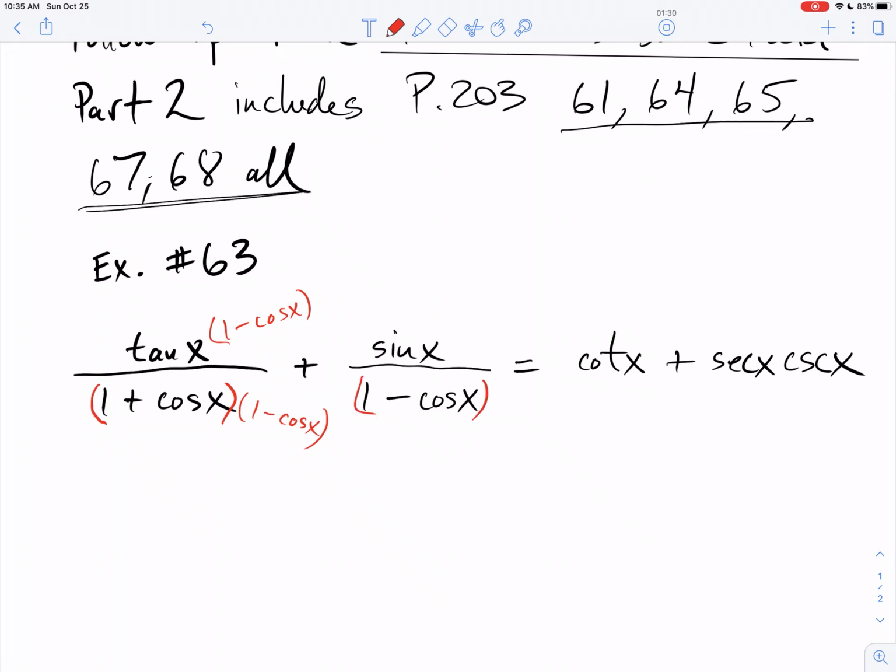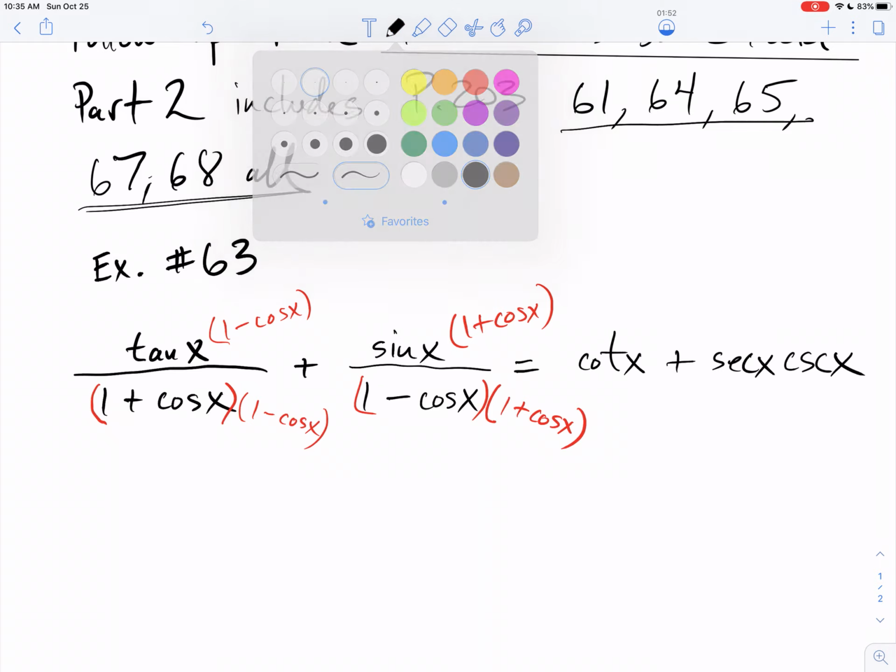Now right here, I'm going to multiply this one by 1 plus cosine x, because it has a different conjugate. Remember, conjugate is a fancy word that just means leave everything alone but change the sign in the middle. If you multiply top and bottom by the exact same thing in a fraction, you're not really changing it.